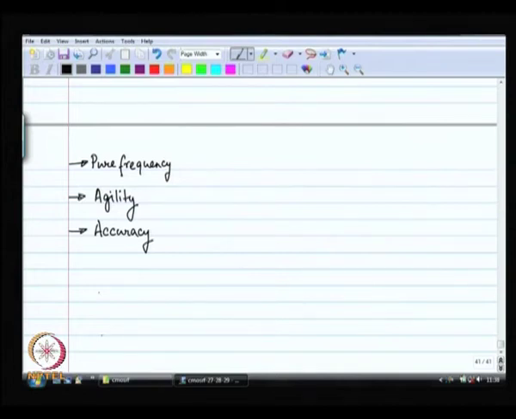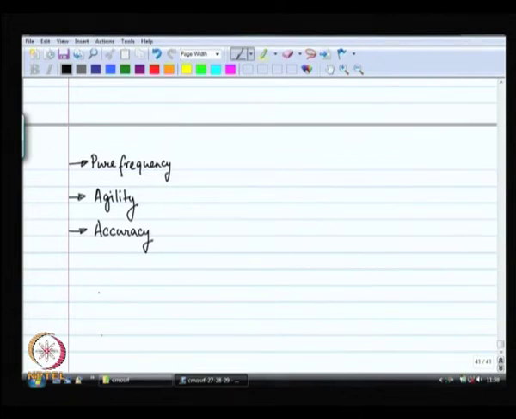If the base station tells you go to 1 gigahertz, you have to go to 1 gigahertz precisely. You can't go to 1 gigahertz plus 2 hertz, or you can't go to 1 gigahertz plus 1 kilohertz, that is not acceptable. So, this is the third thing.